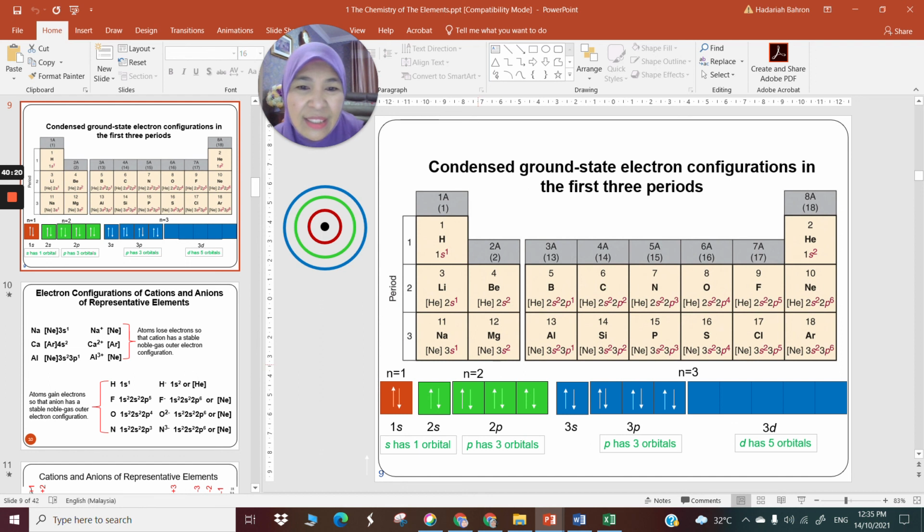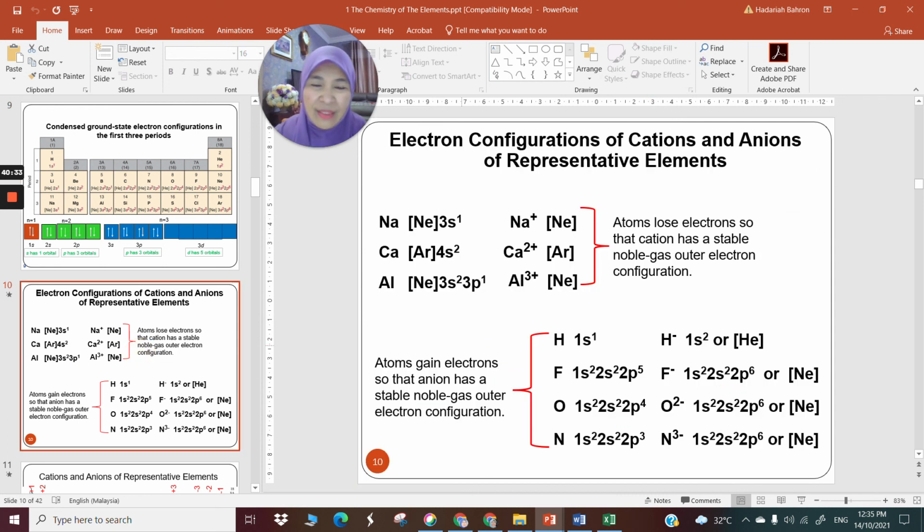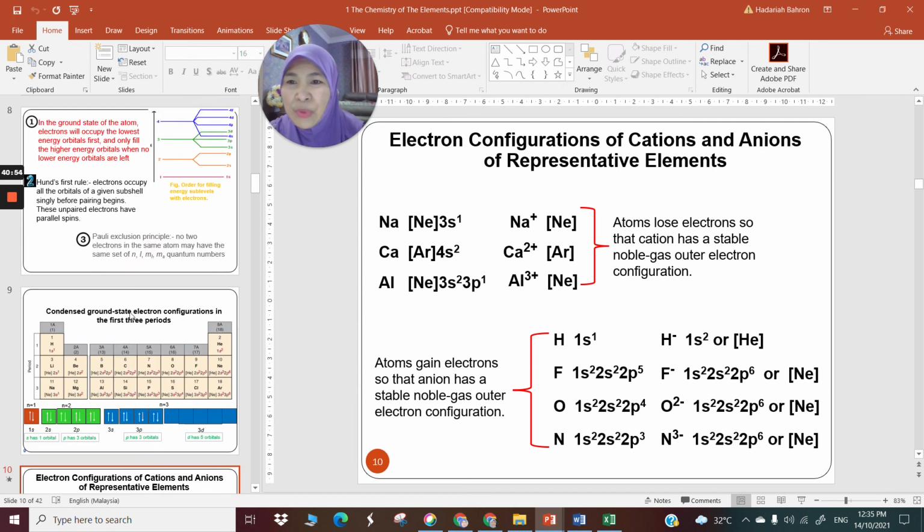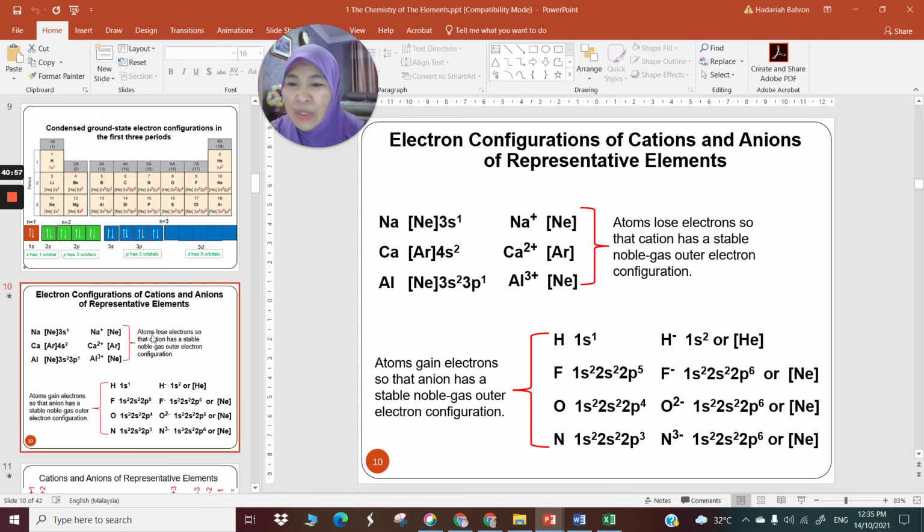So losing electrons for metals and gaining electrons for non-metals will make the element look like a noble gas. So all metals will lose electrons to resemble a noble gas, and all non-metals will gain electrons. Now, how do you know what are metals and what are non-metals?